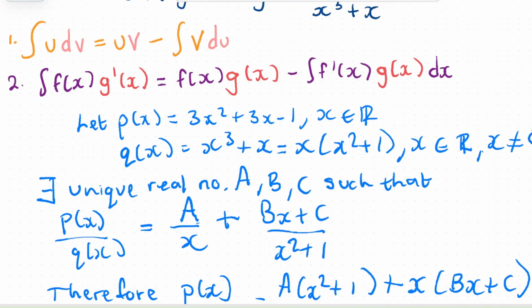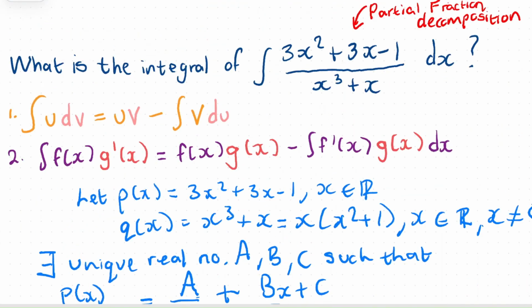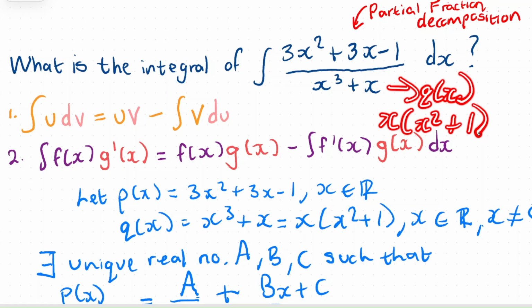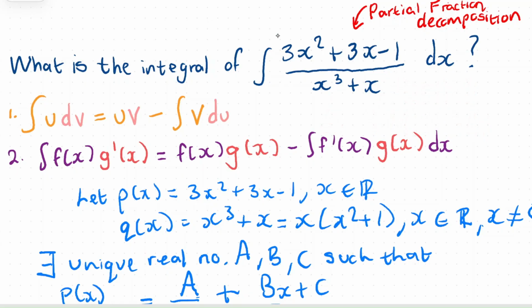So now let's just look back at everything that we've done. We started off with the question, what is the integral of 3x squared plus 3x minus 1 divided by x cubed plus x? We broke it down. We said that this was q of x, and we broke it down and said it would be x squared plus 1. Then we see, okay, these are 2 ways that we can break this, but we have 3 variables at the top. So what did we do?